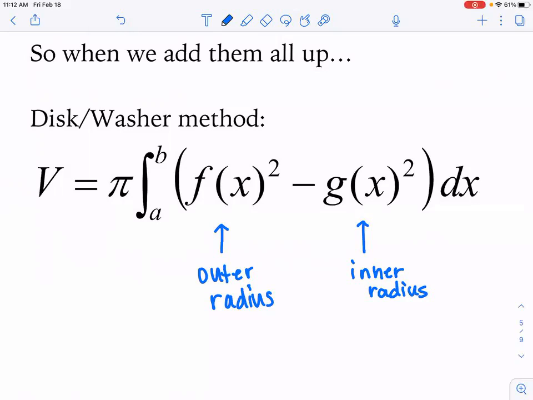Maybe this one is the top function and this one's the bottom function. We'll see. For now, if we're going around the x-axis, that's how it'll work. Once we go around a different line, we have to talk about something else.